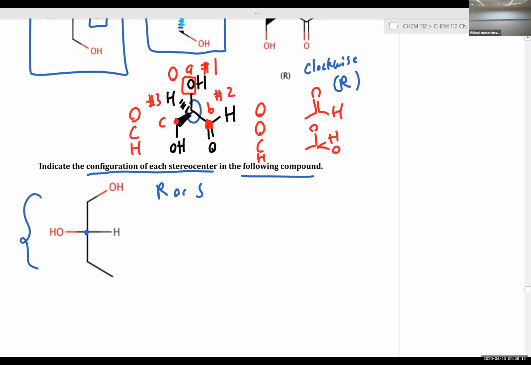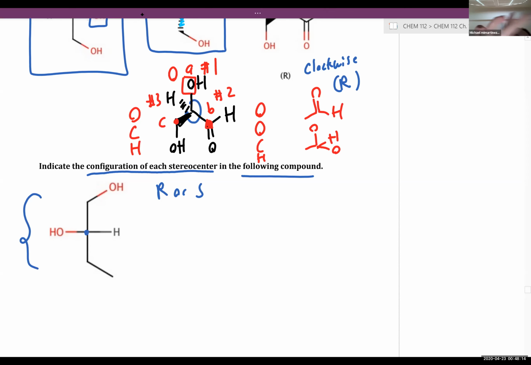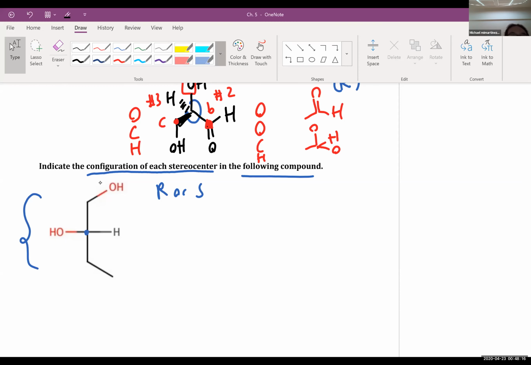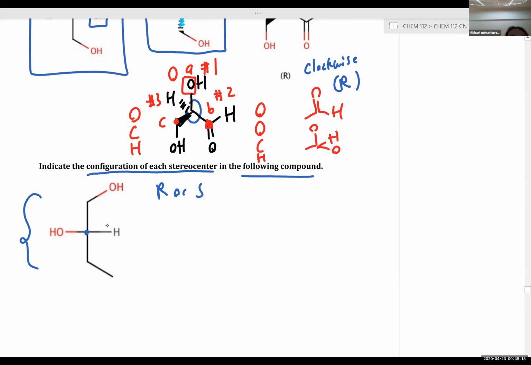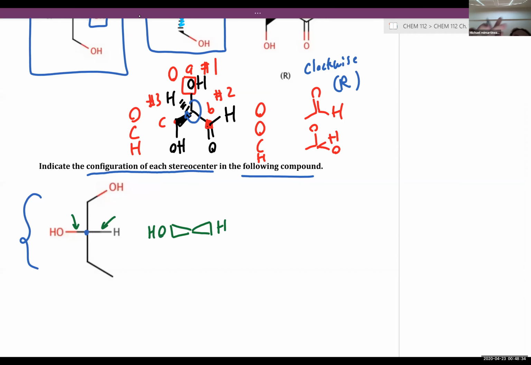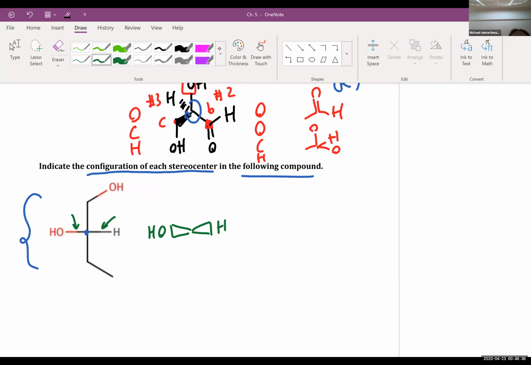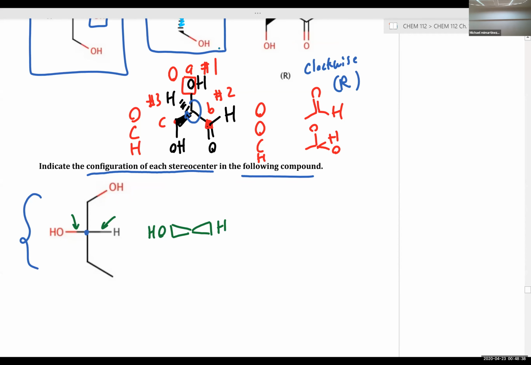Okay, so let's take a look at the following structure. I'd like you to jog my memory. These horizontal lines, do I draw them with wedges or dashes? Wedges, they're going out of the plane of the page. Exactly right. And my vertical lines, do I draw them with wedges or dashes?